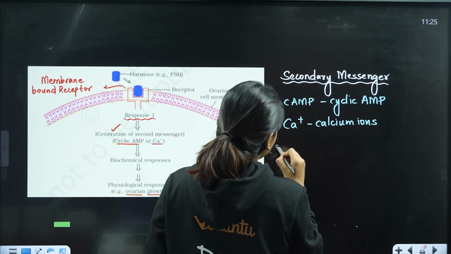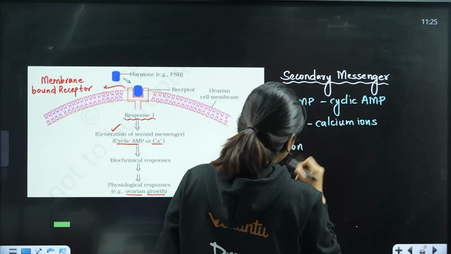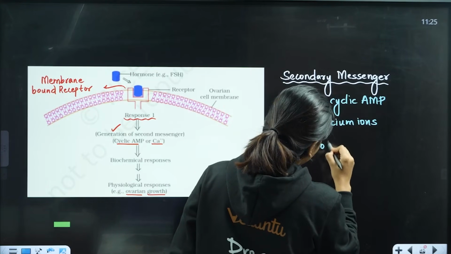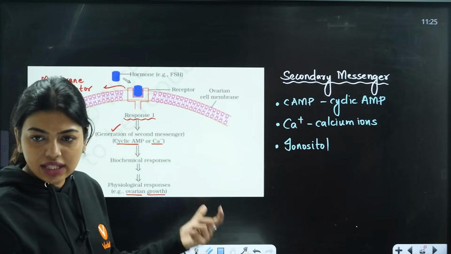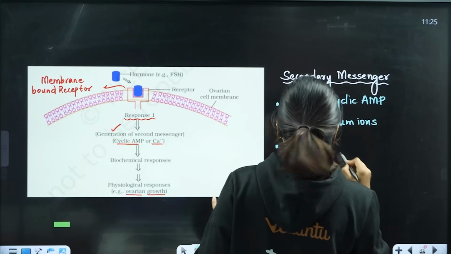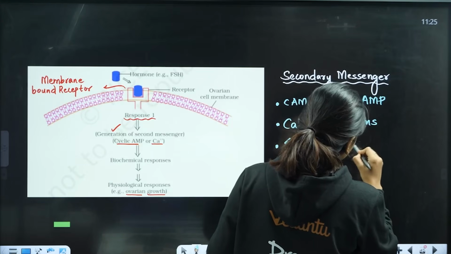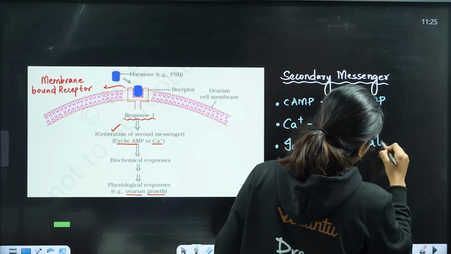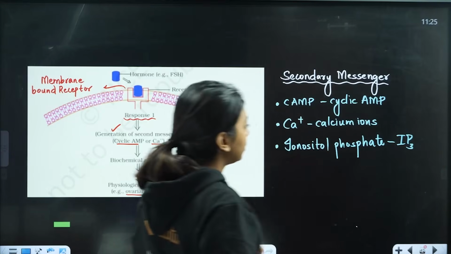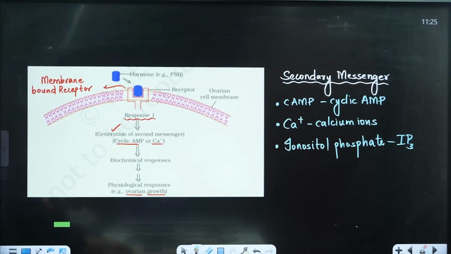Then you should know inositol, which you can write as IP3. These are the important secondary messengers that you have to remember.